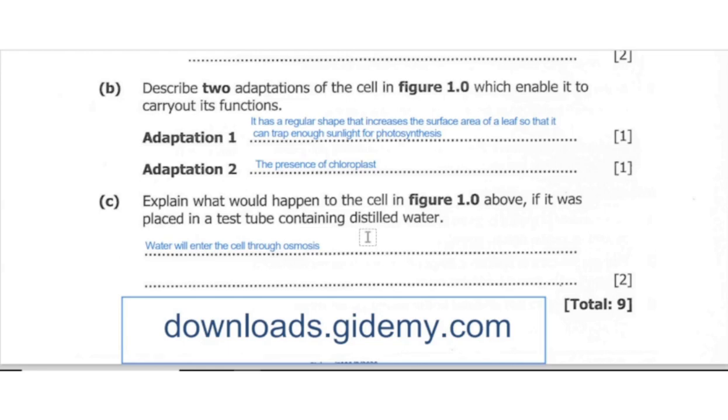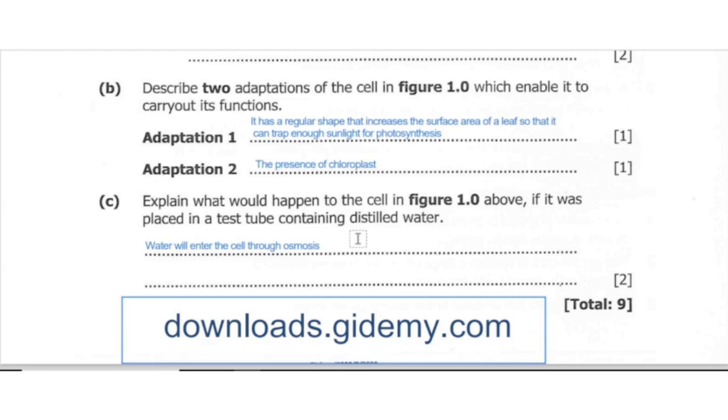That means the cell will have a higher concentration than the water. So the water will start going into the cell to dilute the cell sap inside, which is concentrated.